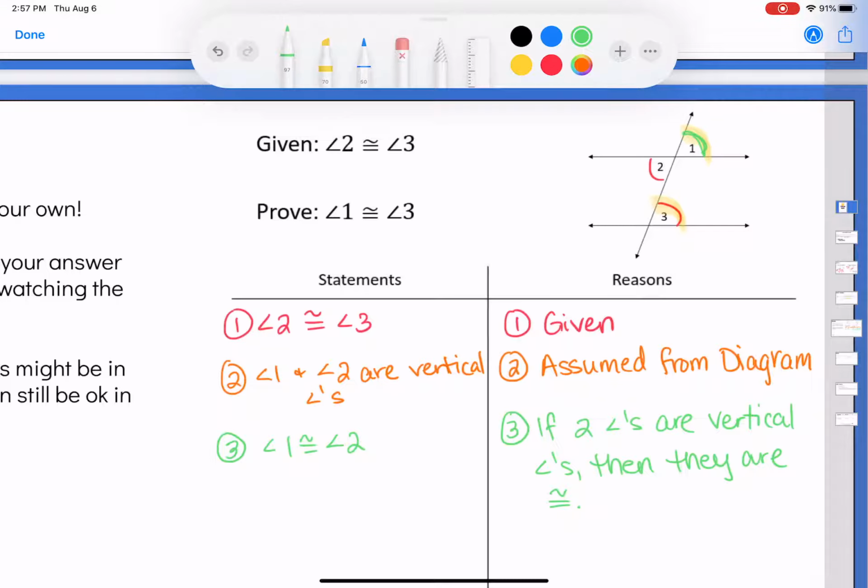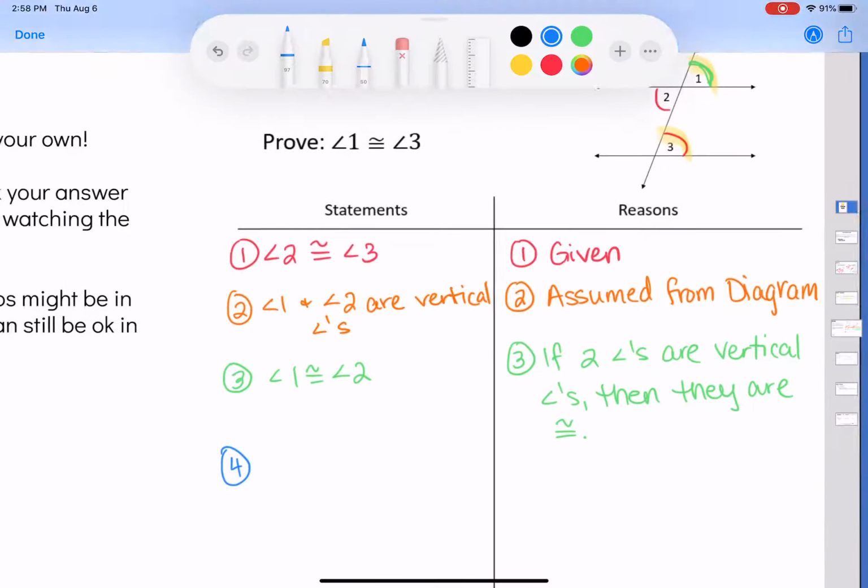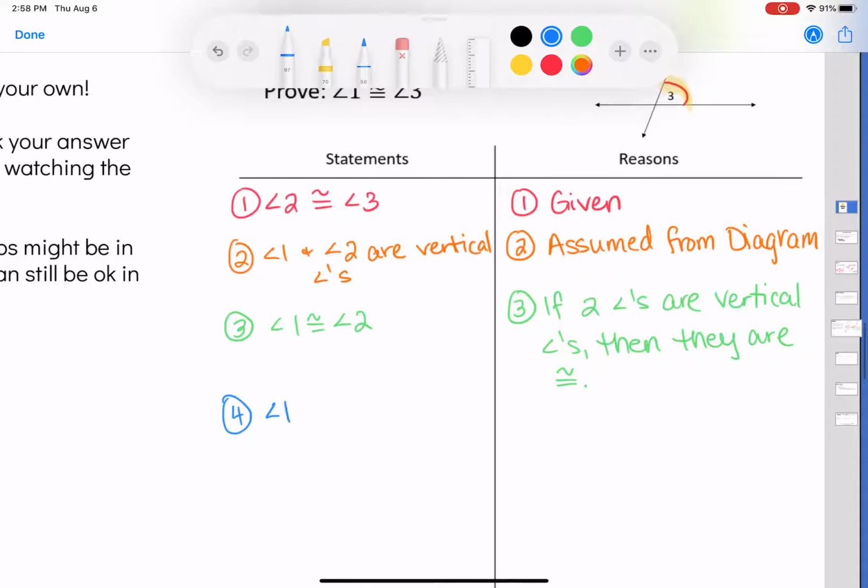Angle 2 is congruent to angle 3. I'm trying to prove angle 1 is congruent to angle 3. That sounds a lot like the transitive property. Step 4, angle 1 congruent to angle 3.